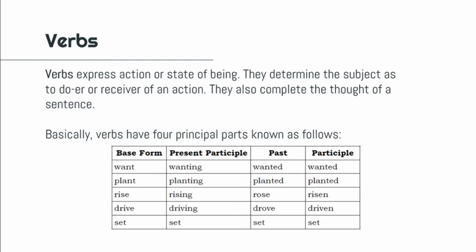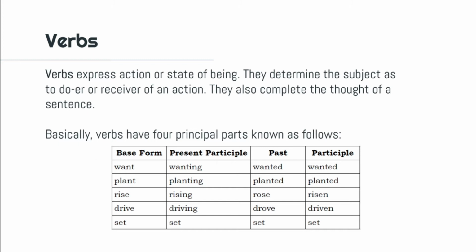Next, we have plant for the base form, planting in the present participle, planted for both past and past participle. The third word, let's have rise for the base form, rising in the present participle, rose in the past, and risen in the past participle.